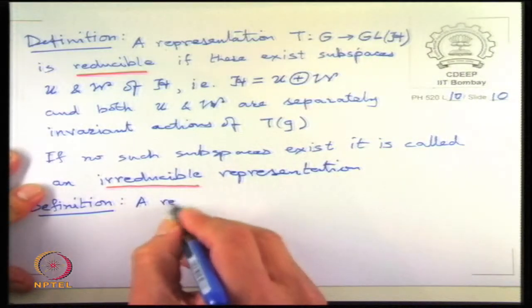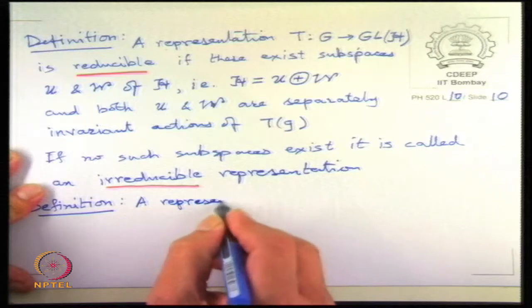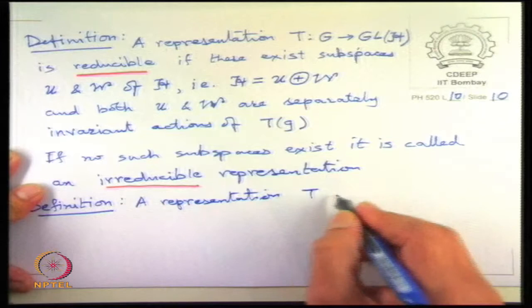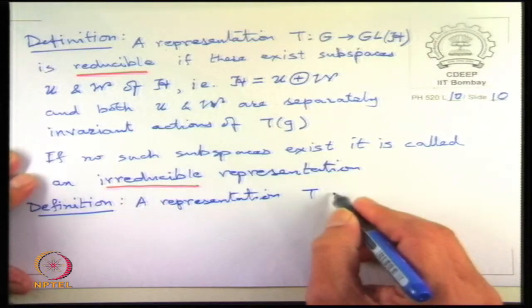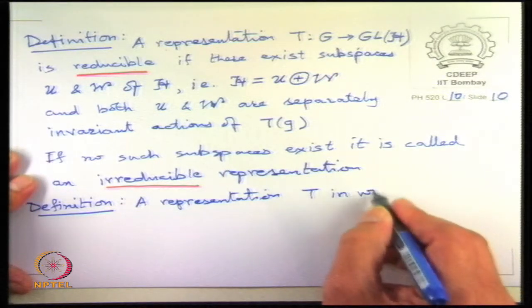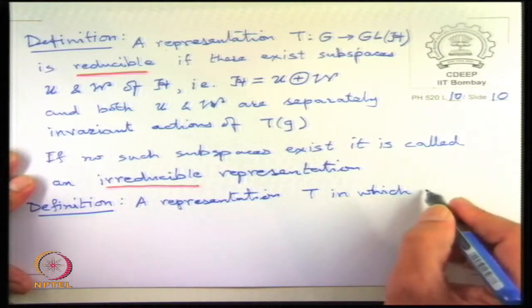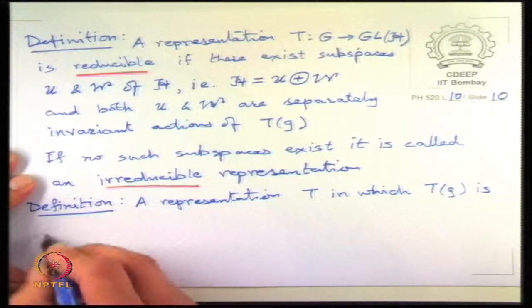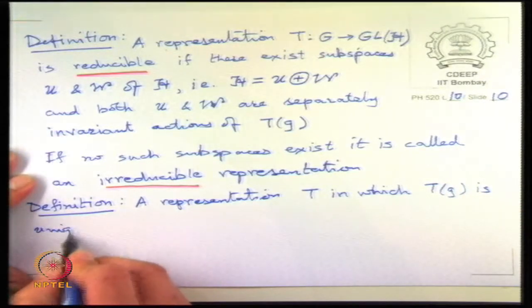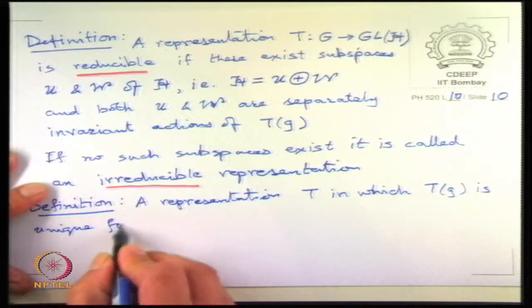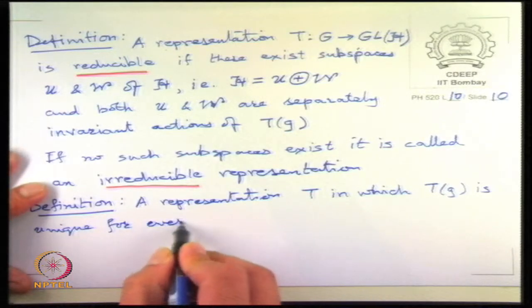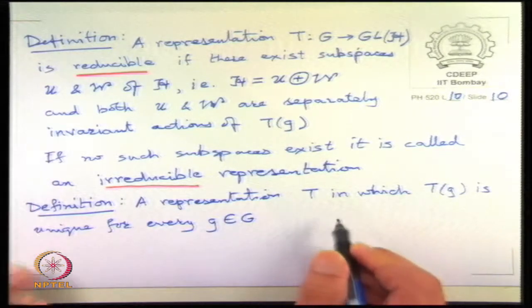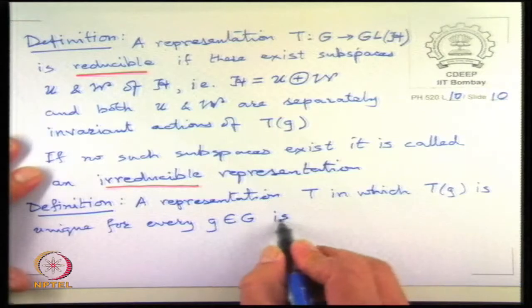A representation T in which T of G is unique for every G is called faithful.